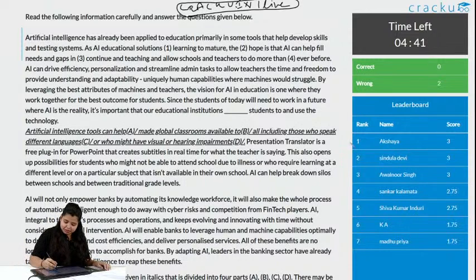Okay, there are top 3 people who are still the top 3 and there are 2 people with 2.75, Sankar and Sivakumar, then K and Madhu with 1.75.